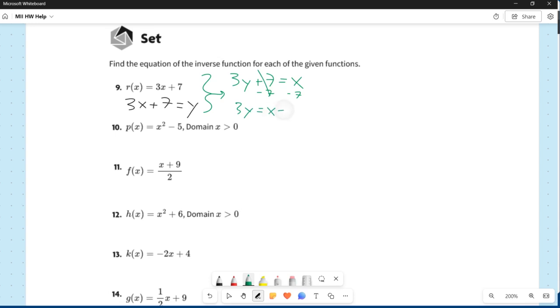Equals x minus 7. If I want to get y by itself, I have to get rid of that 3. And it's 3 times y, which means to undo it, I want to use division. I want to do the inverse of multiplication. So I'm going to divide everything by 3. And the 3 that was on my y goes away, and I get y equals, which is nice because that's what I want.